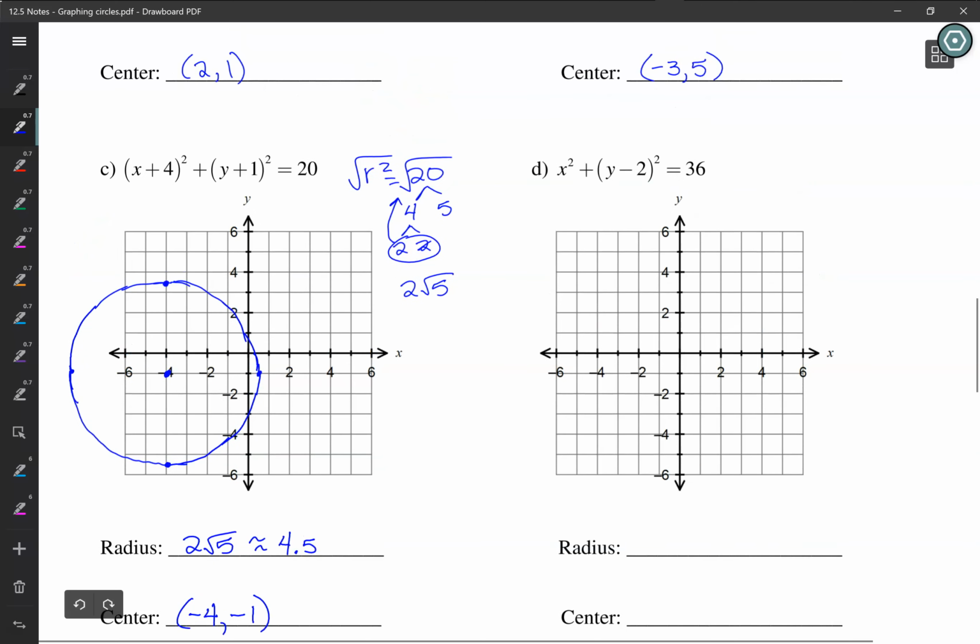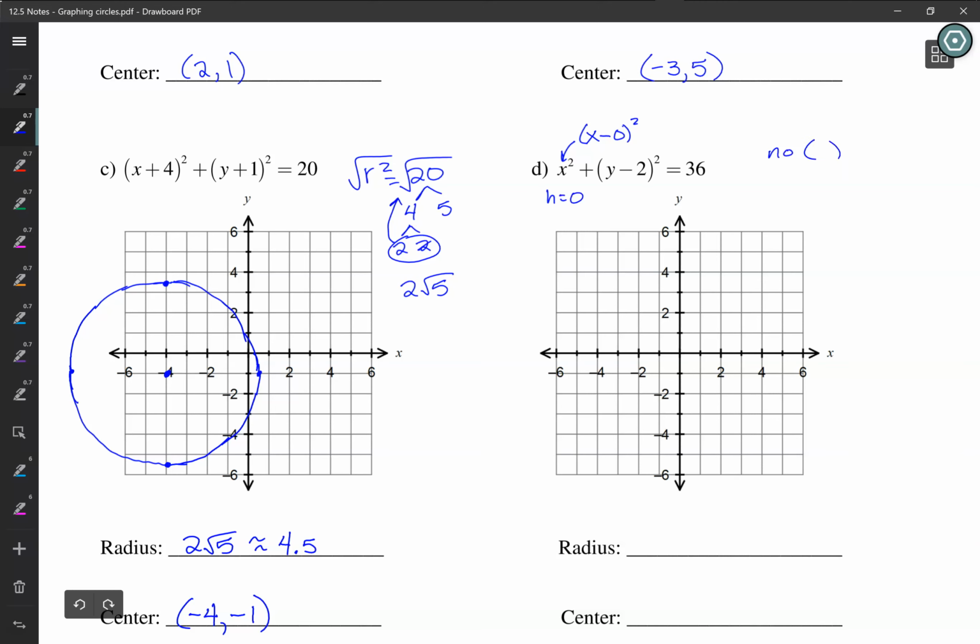All right, now if you just see an x by itself, that would be the same as (x minus 0) squared, because x minus 0 is x. So if you see something where there's no parentheses, that means the h or k is 0.